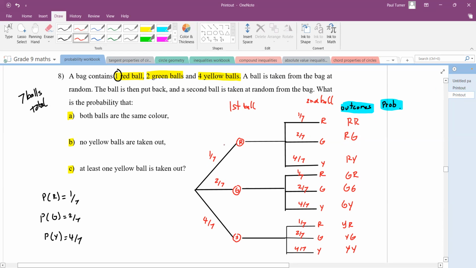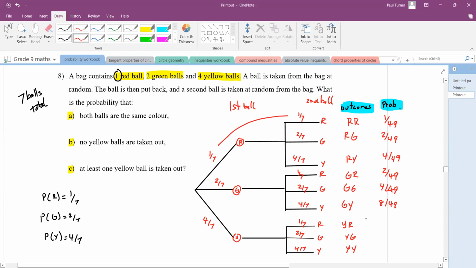So we multiply across the tree, remember? So 1/7 times 1/7 is 1 on 49. Then we'll get 2 on 49. Then we'll get 1 times 4 is 4 on 49. Then we get 2 on 7 times 1 on 7, that's 2 on 49. 2 on 7 times 2 on 7, 4 on 49. 2 on 7 times 4 on 7, 2 4s are 8 on 49.